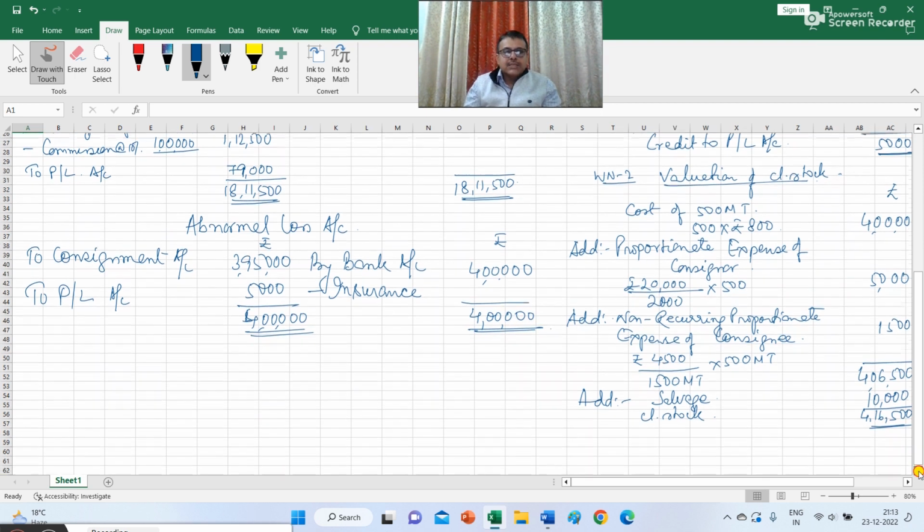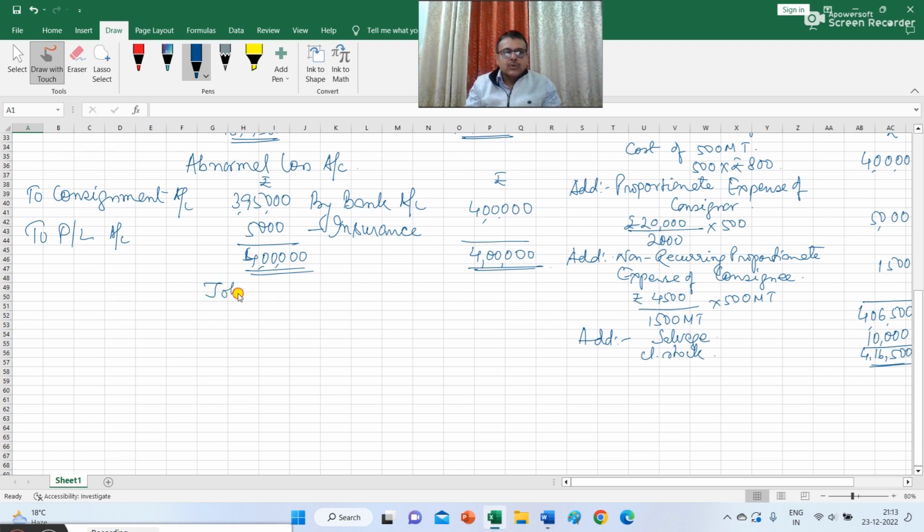And the last ledger that I have to prepare is John account. So on debit side, I have to write to consignment account. That is the amount of sale proceeds for rupees 10 lakh. In consignment account, you will find this figure on the credit side as by John. So John account debit to consignment account. This is the journal entry that I have passed. So in John ledger, you have to debit 10 lakh, and I have written to consignment account 10 lakh.